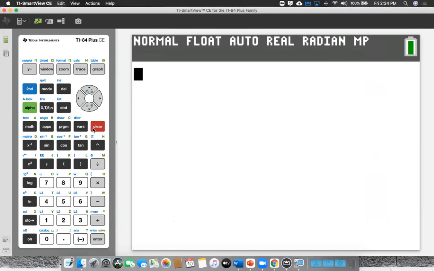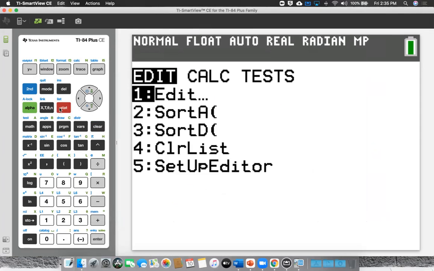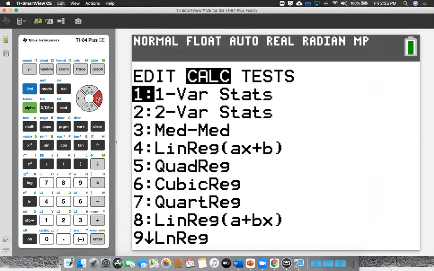So now what we're going to do is go to stat. We want to calculate R, so we're going to go over to calc. Now we're not going to pick one of our stats because R is not there. We're going to scroll down past the first. You see number 4 is LinReg.